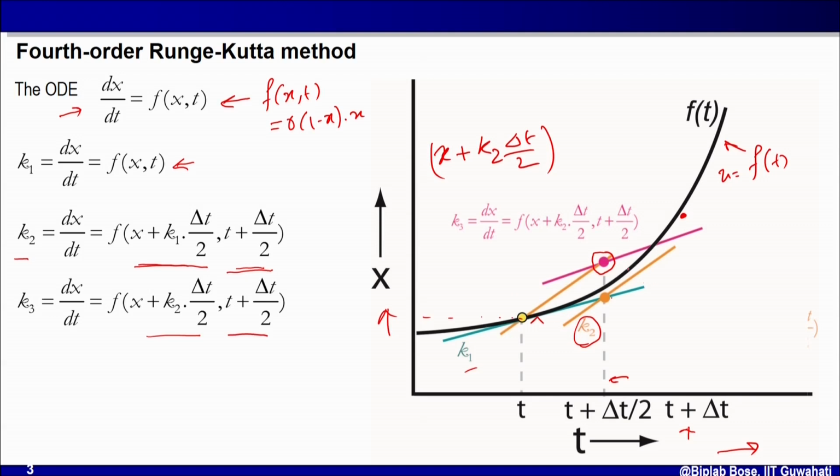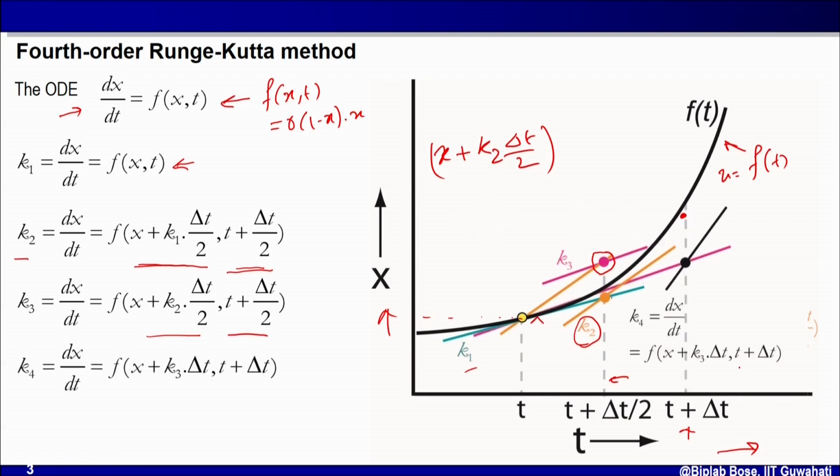Now take that slope k3 and draw a line at this yellow original point where x was, having the same slope as k3. So I get this new pink line. So I have a new pink line drawn at the original position of x and extend it till it intersects the vertical line drawn at t plus delta t. That is the time step we are taking.